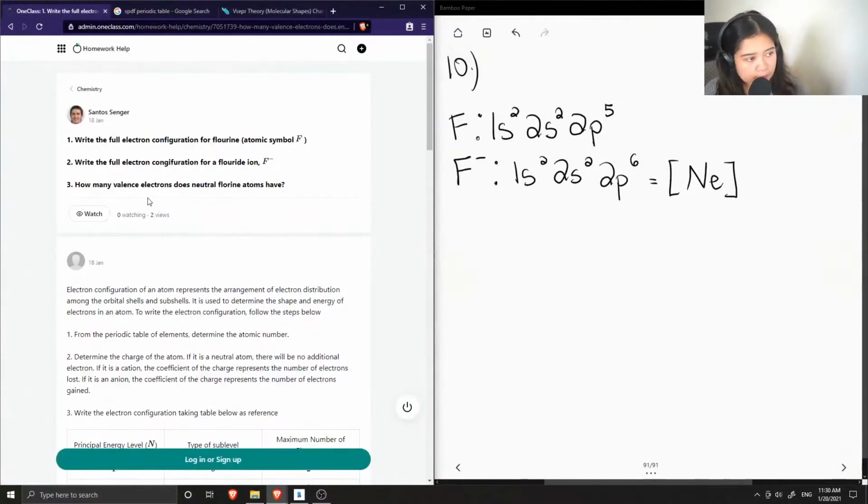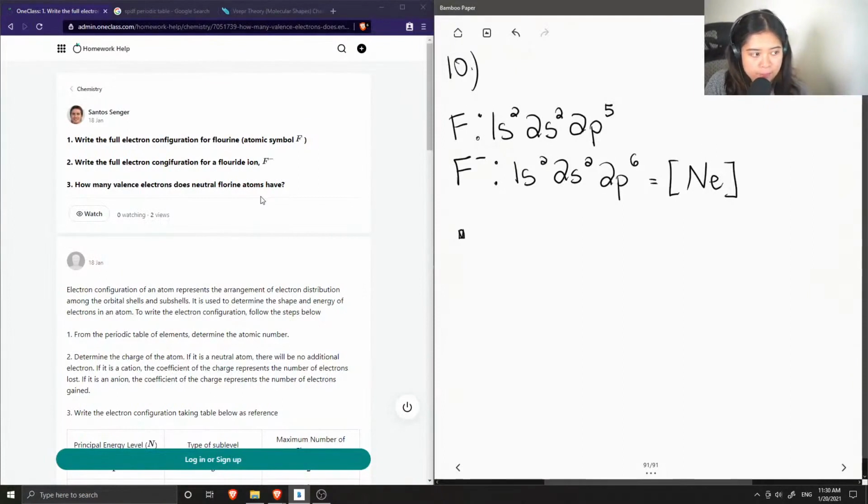So now the third part of the question asks, how many valence electrons does a neutral fluorine atom have? So neutral fluorine in total has 9 electrons.